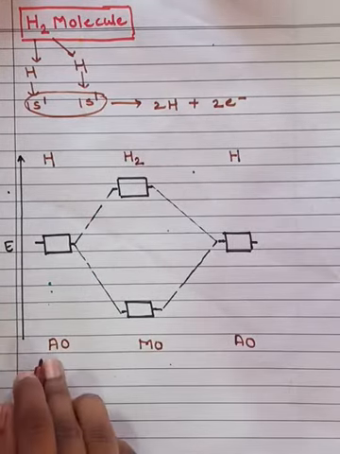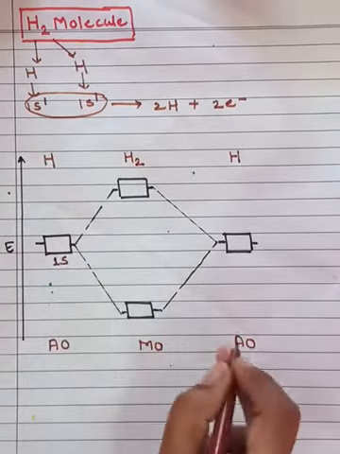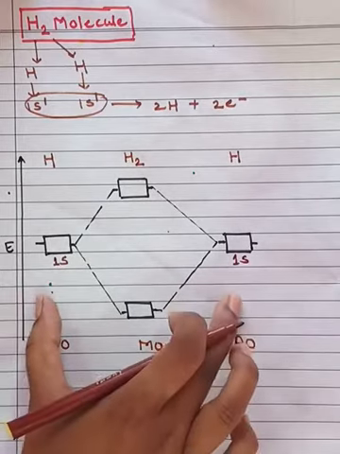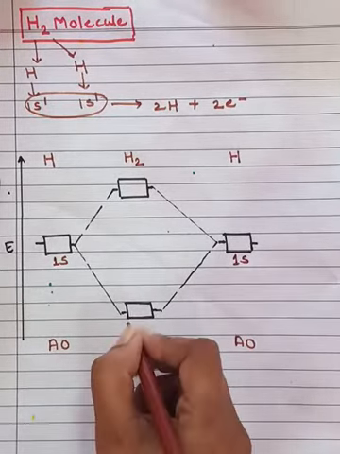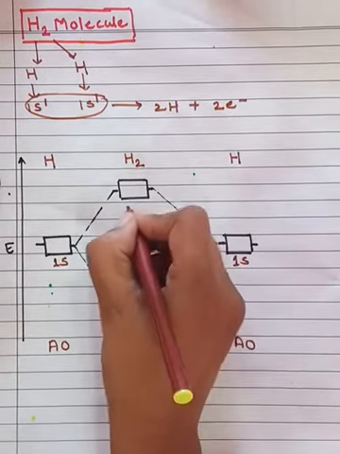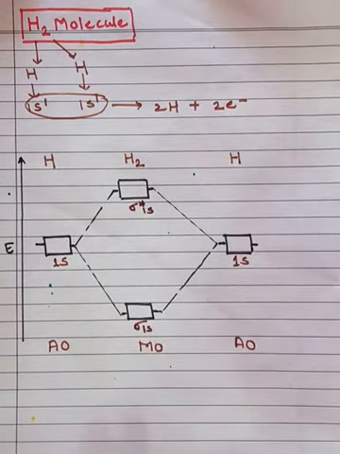The first atomic orbital of hydrogen has the symbol 1s, and the second is again 1s. As there are two atomic orbitals, they result in the formation of two molecular orbitals. The lower one is the bonding, sigma 1s, and the upper one is the anti-bonding, sigma asterisk 1s. Now let us see the filling of electrons.